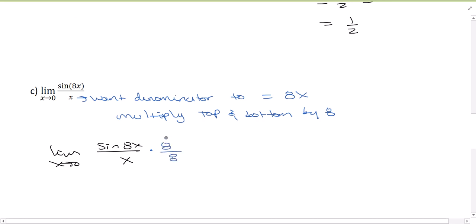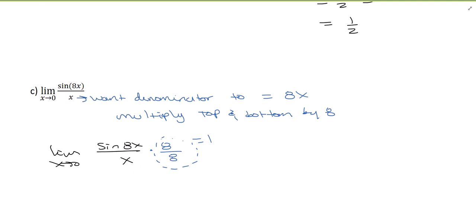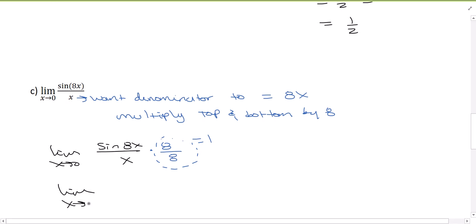8 over 8. Notice that this is a funny looking one. 8 divided by 8 is equal to 1, so I'm not changing the value of the quantity sine 8x over x because I'm multiplying it by 1. But what this allows me to do is say this is the limit as x goes to 0 of 8 times sine 8x over 8 times x, which is 8x.